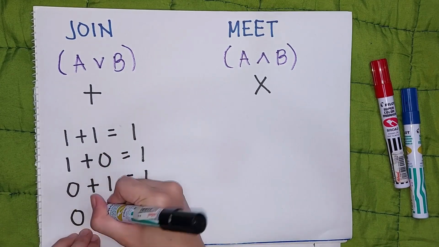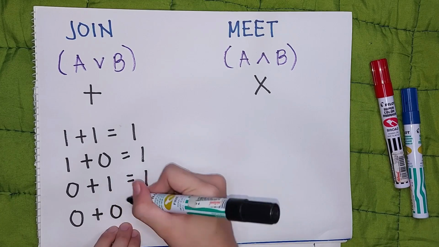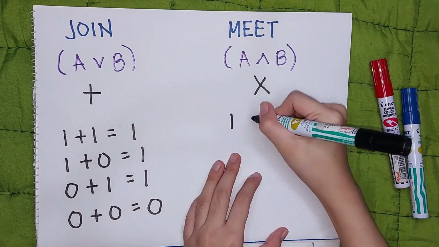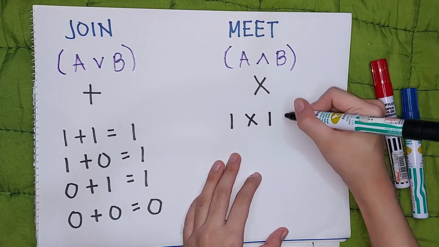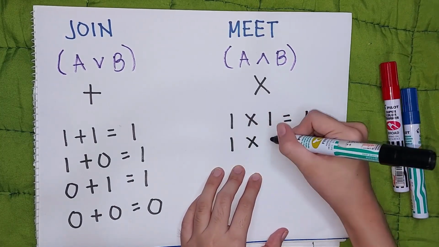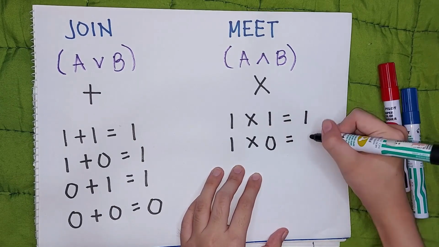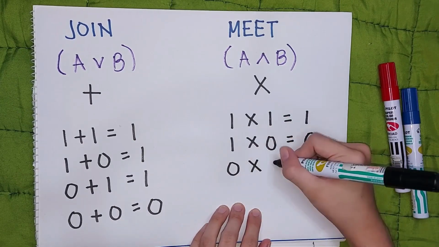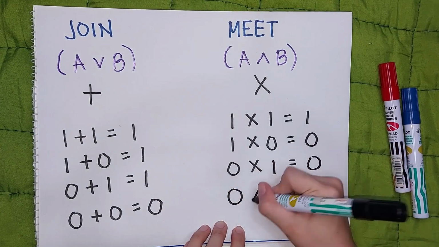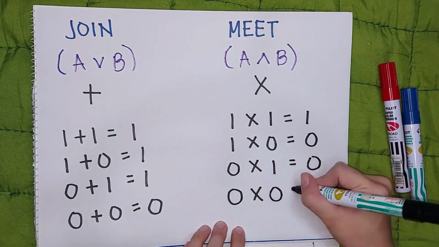And 0 plus 0 is equal to 0. While in binary multiplication, 1 times 1 is equal to 1. 1 times 0 is equal to 0. 0 times 1 is equal to 0. And 0 times 0 is equal to 0.